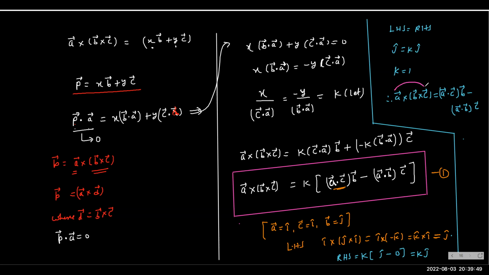Outer dot minus inner dot. A dot C, the outer, A dot B, the inner, and the term which is left, we write here. A dot C means B is left, and A dot B means C is left. So this is how you generally remember the triple product of vectors.